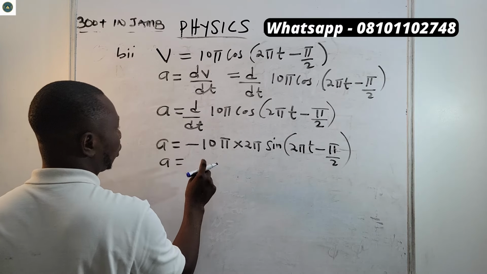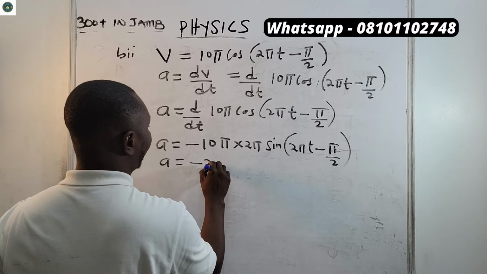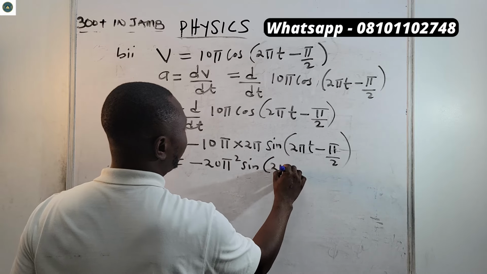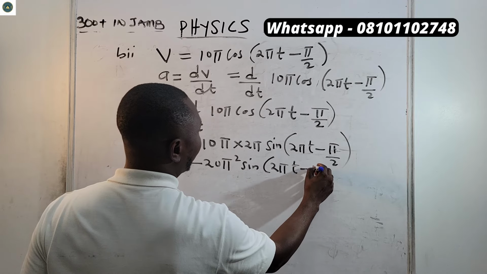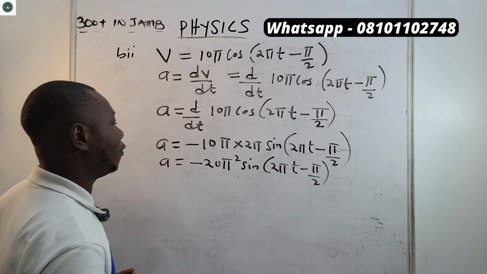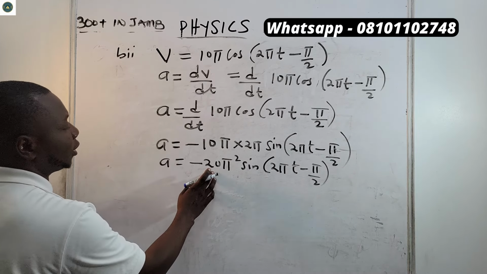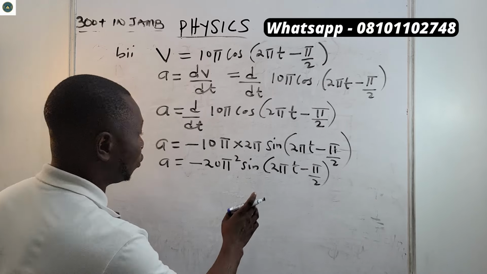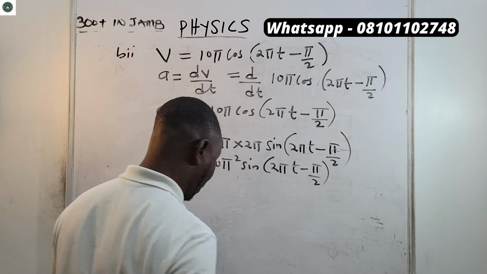So acceleration becomes minus 20 pi square sine(2 pi t minus pi over 2).